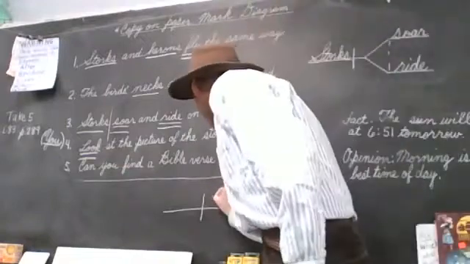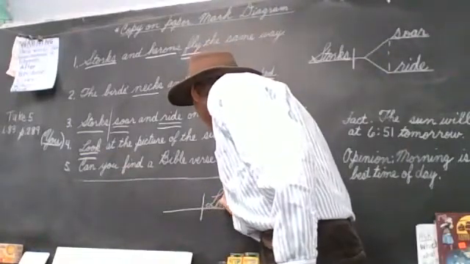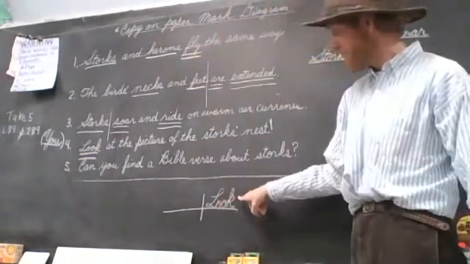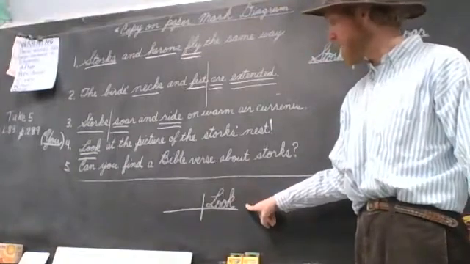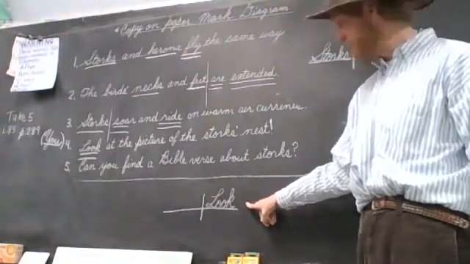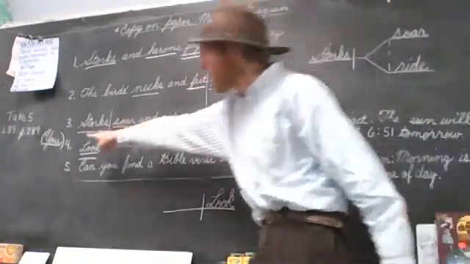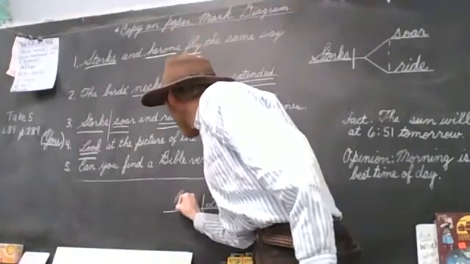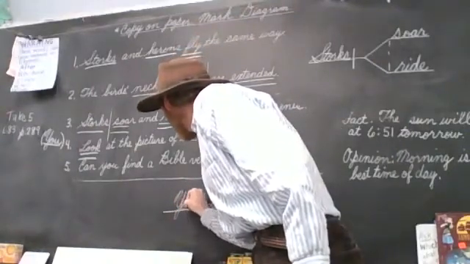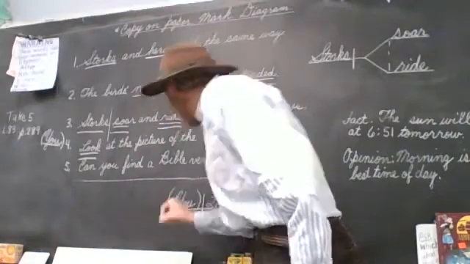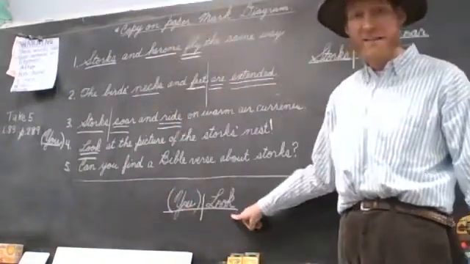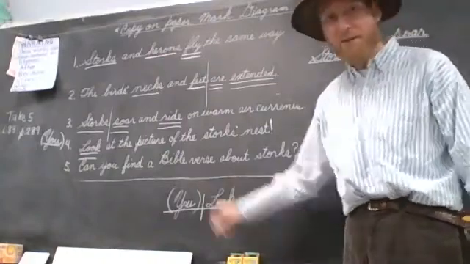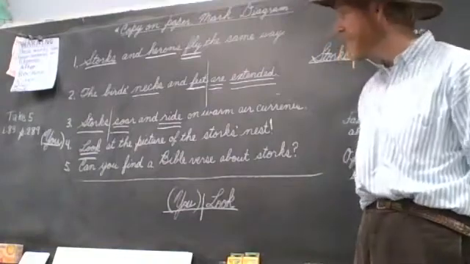Look goes on this side of our diagram. The verb goes on this side of our diagram always. Who or what look? You look. So write the word you. Put parentheses around it on our diagram. And that is how you diagram verb, subject. Verb, subject, just like that.